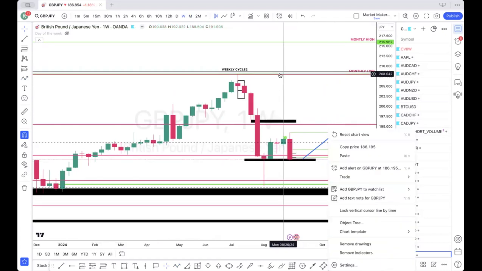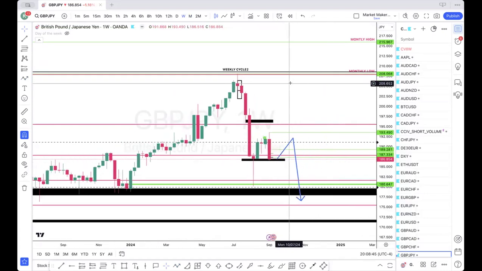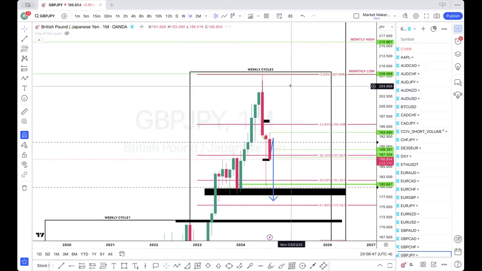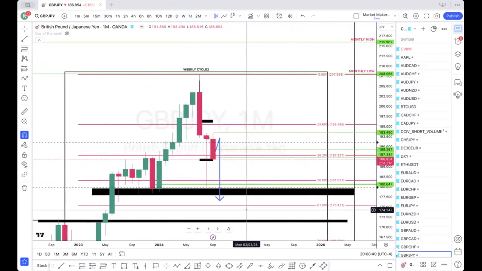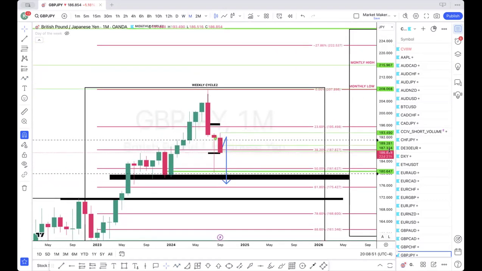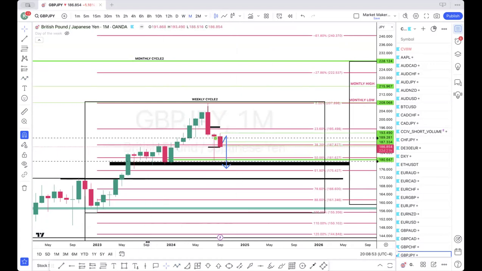And this is the break that I was talking about on the monthly, right? So after this breaks, this could push back to this imbalance. It could push back to retest this zone before pushing up.